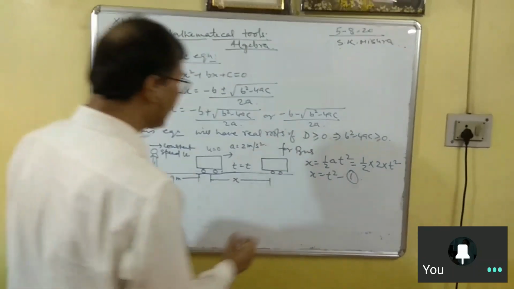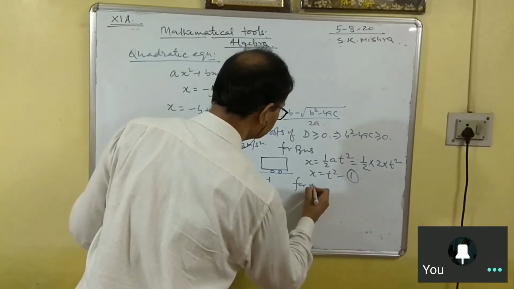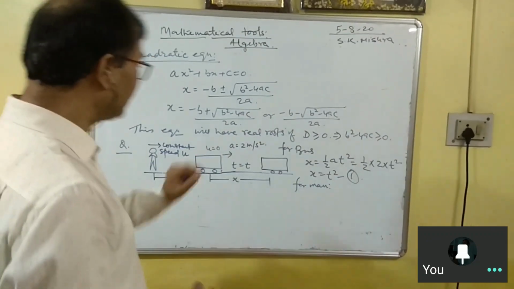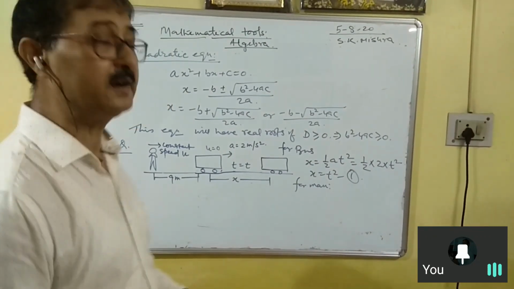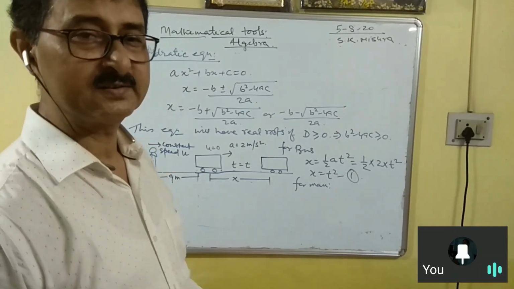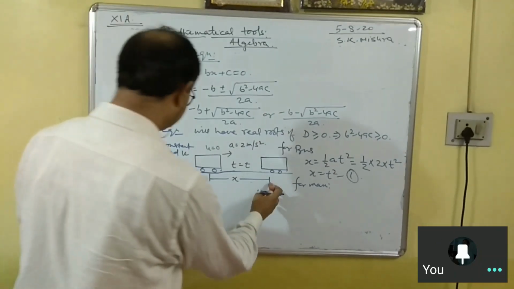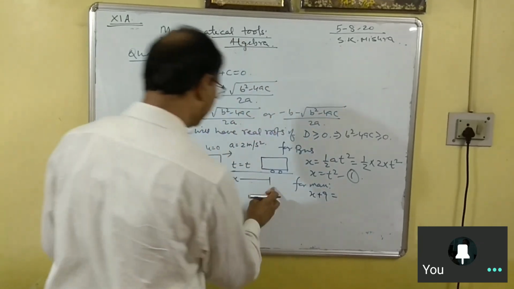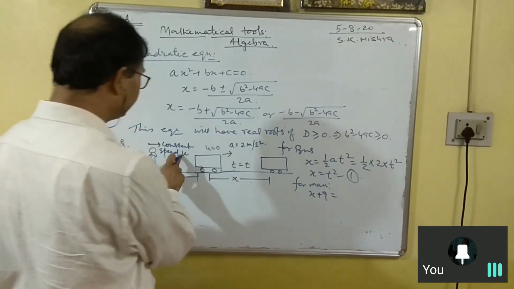And for the man moving behind the bus, since this person is moving with constant speed, there is no question of acceleration. Then the whole distance x plus 9 should be covered in time interval t with speed u.